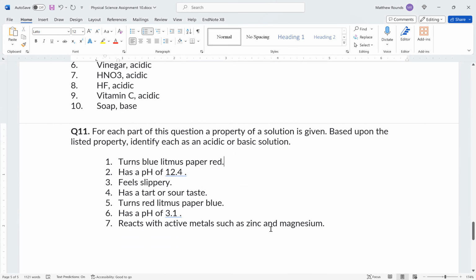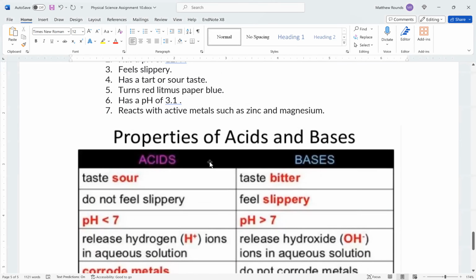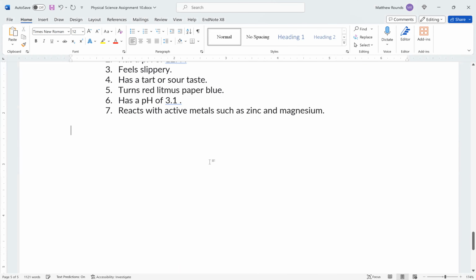So let me grab that snip from earlier. See if I can find it again. Actually, let me drop that in the chat. That'll be easier. I'll do both.